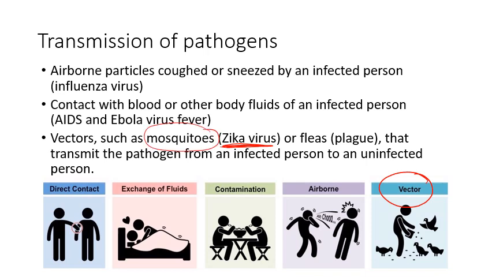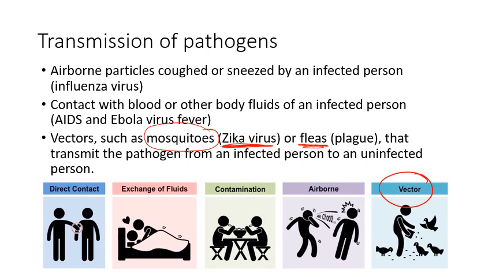The vector was the mosquito. The mosquito carried that virus and passed it on to humans. When we were talking about the bubonic plague, or the black plague, it was the fleas on rats that were carrying the bacteria and passing it to humans, and then humans got sick and died. So vectors don't necessarily get sick themselves, but they do pass the pathogen from person to person.